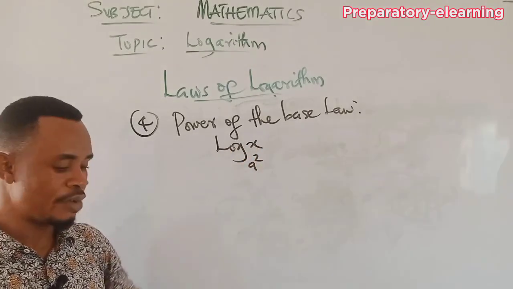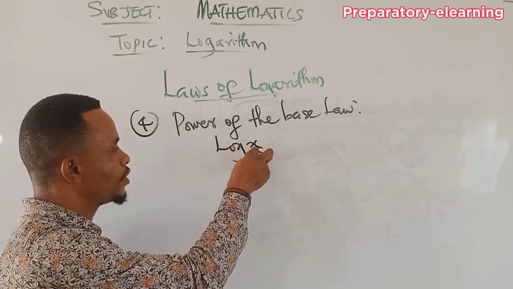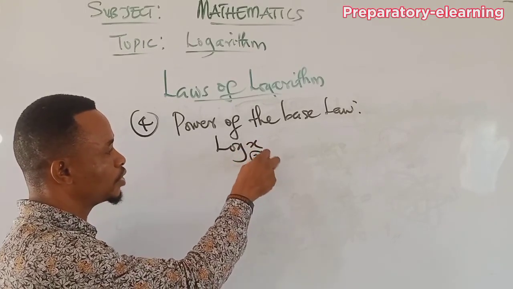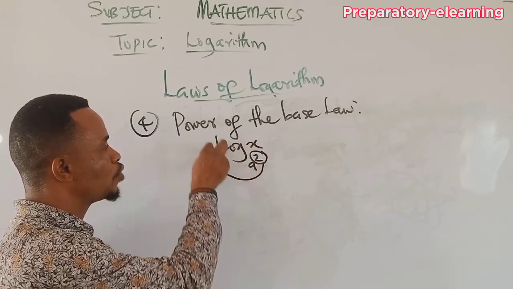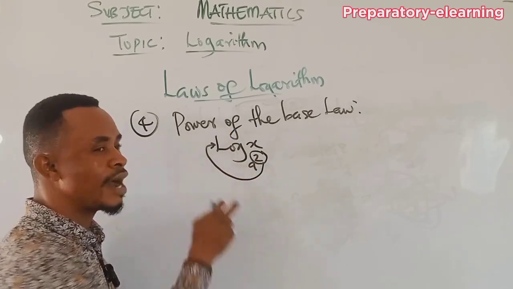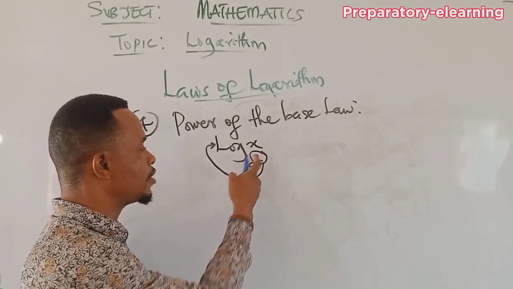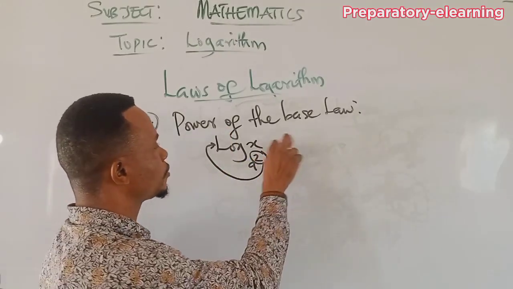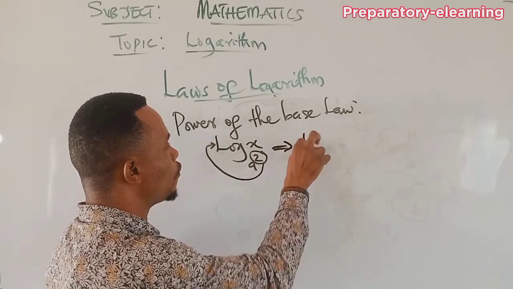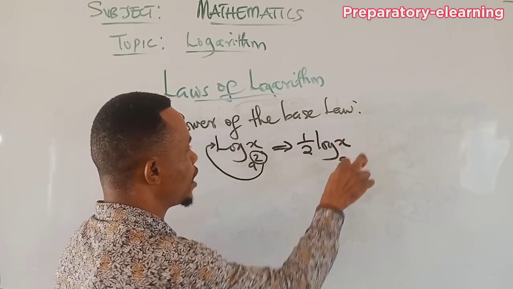Now it's power of the base. Now, how do we do that? To simplify this, to remove this number, you take it out from here, the power, it will come behind the log. But in this case, it is coming here as inverse. 1 over whatever number that you have here. So this is going to be 1 over 2 log x base a.